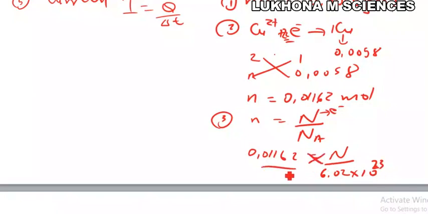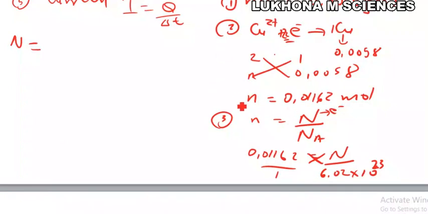Then we cross multiply. There is 1 here. 1 times N, that's supposed to be N, which is equal to 0.01162 times Avogadro's number, 6.02 times 10 to the power 23.